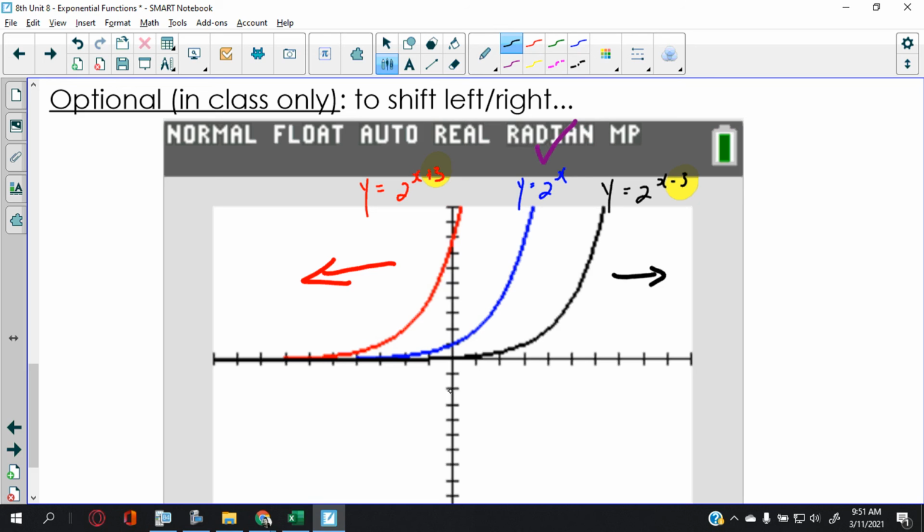Okay? You don't need to know that, but at some point when we're doing quadratic equations, if I remember correctly, we will have to remember some of these details. But I don't think for exponential functions we do.